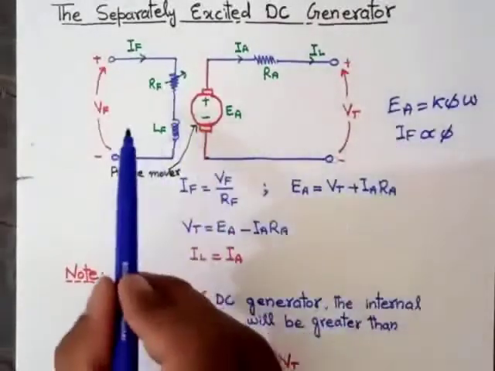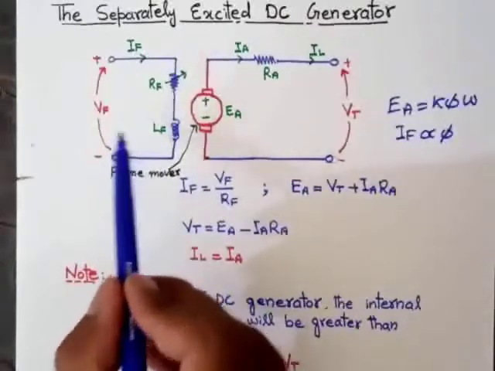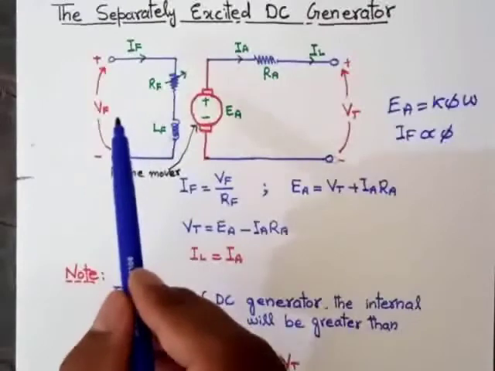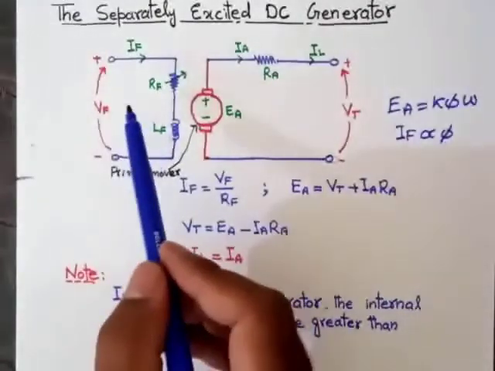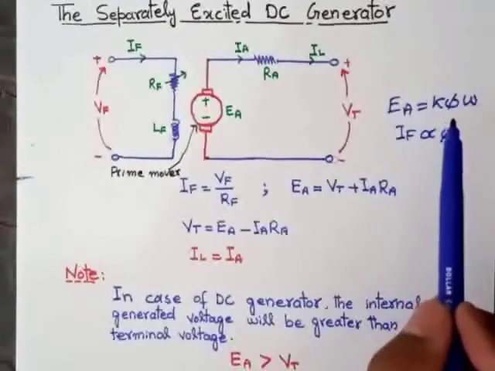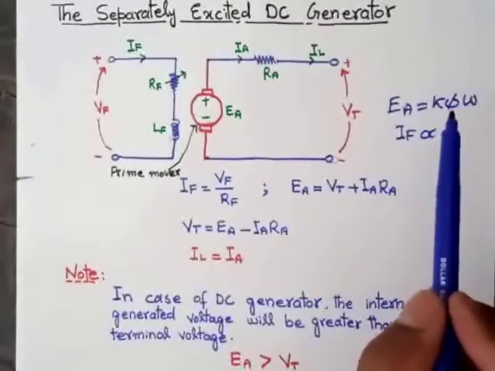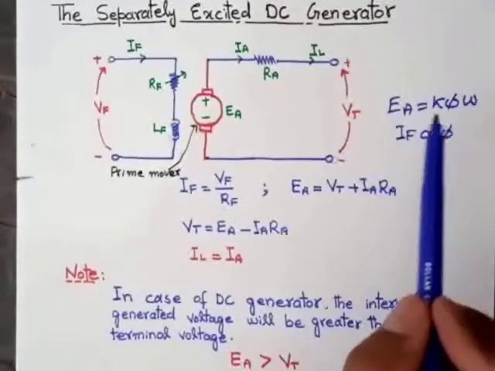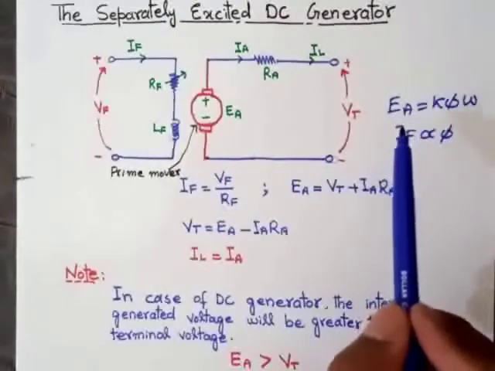So that's why we use the field winding in the DC generator. The objective of the field winding is to produce the flux in the DC generator. As we know, the internal generated voltage and the flux are directly proportional. If the value of the flux is 0, then the internal generated voltage will be 0 as well.